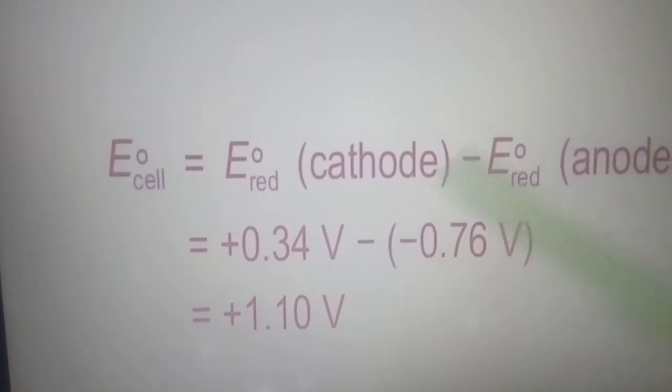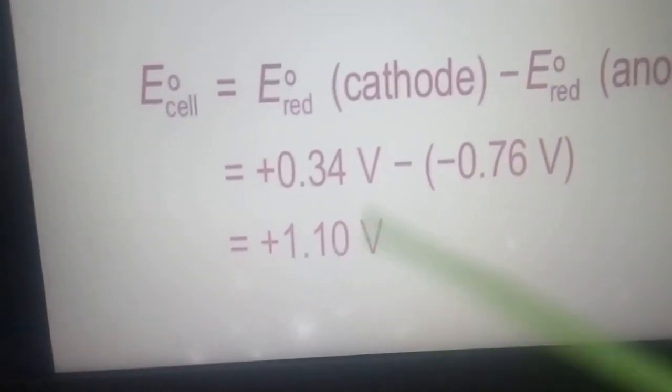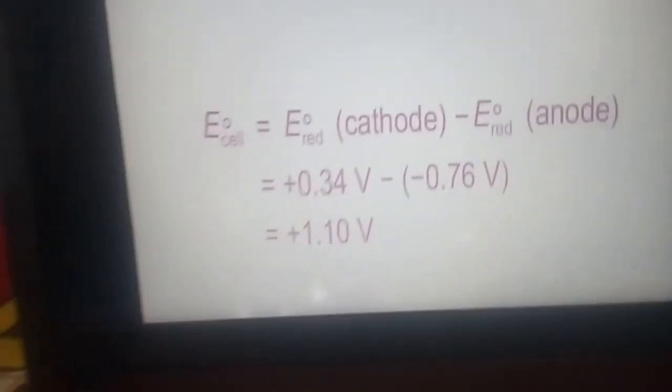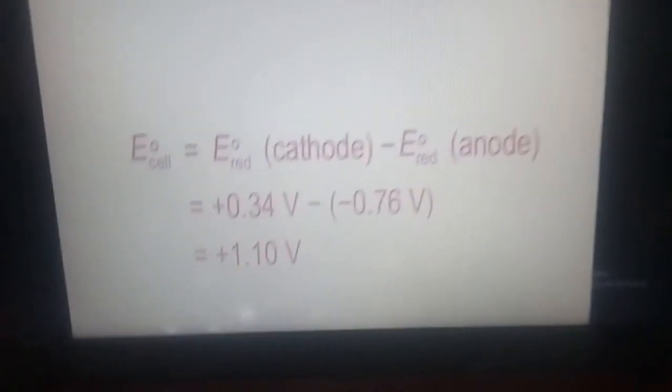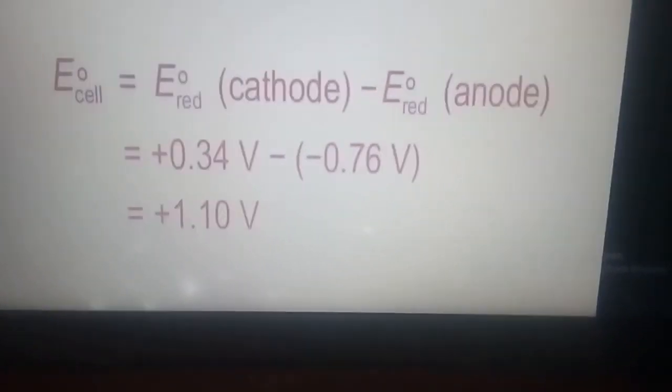Already one minus sign is there, so minus minus is plus, so ultimately it will come out to 1.1 volt. So this is the cell potential for this electrochemical cell.